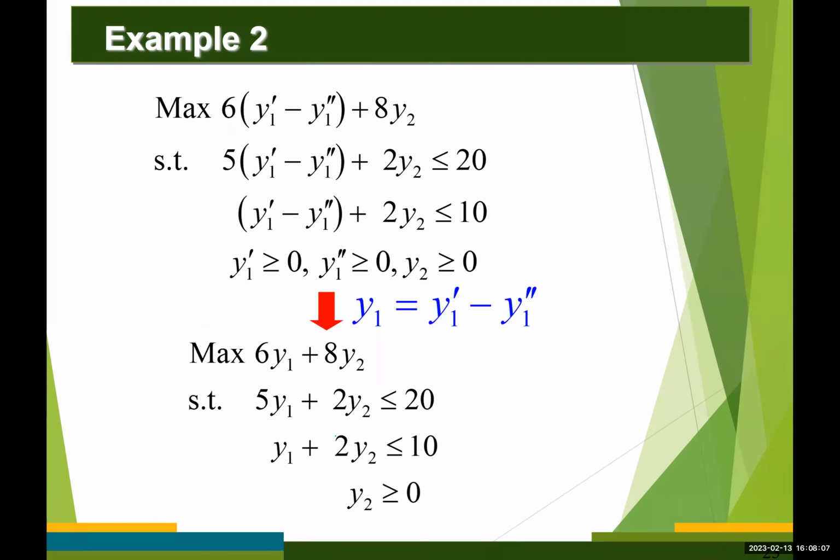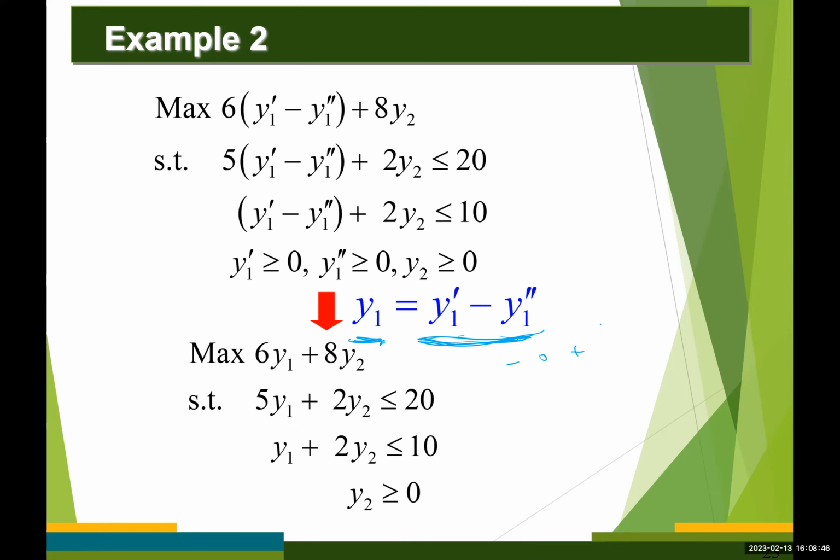Now, let's substitute y1 for y1 prime minus y1 double prime, okay? Then we note that we cannot include a constraint on the sign of y1, right? Because the y1 variable is the difference of two variables. So the value of y1 could be negative, 0, or positive, right?